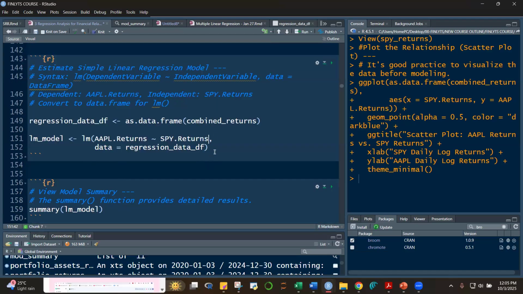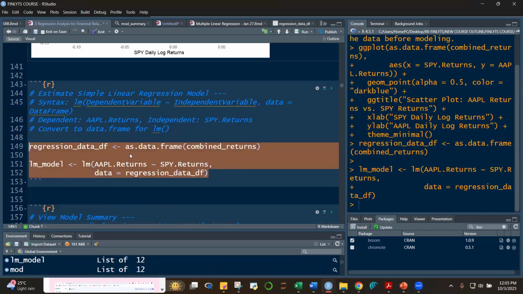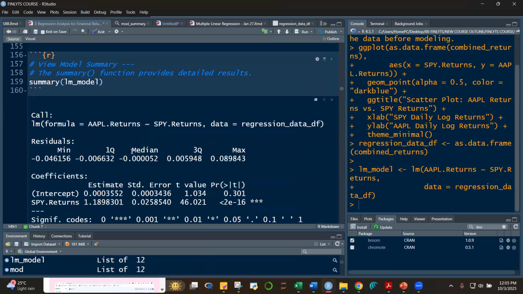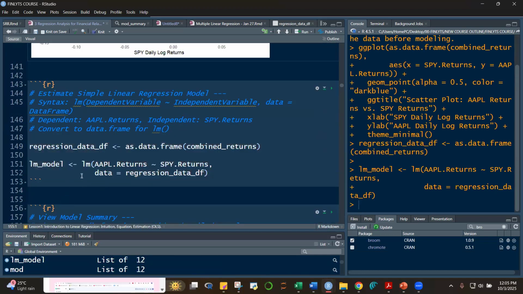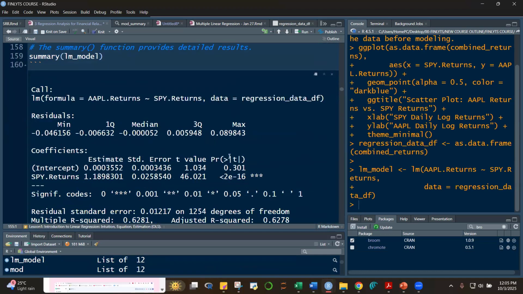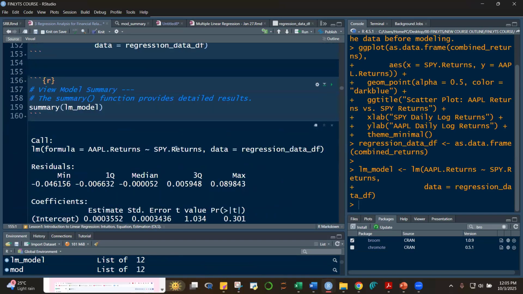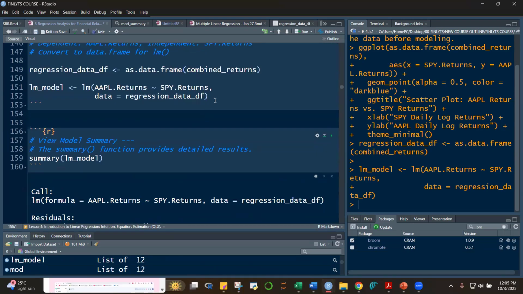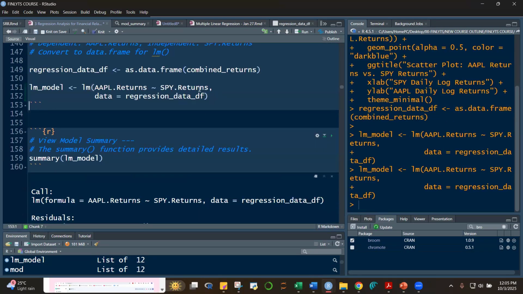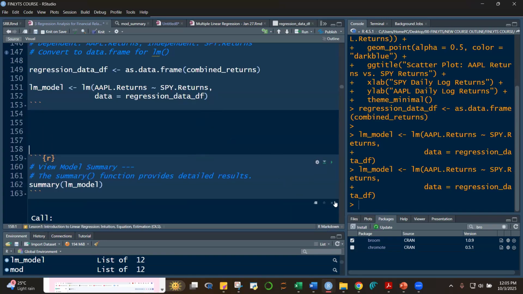Okay. So if you run this, I'll run this too. LM model class, you'll have this. Wait, class. So not yet, no?